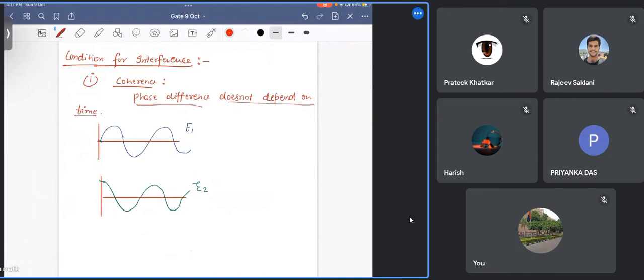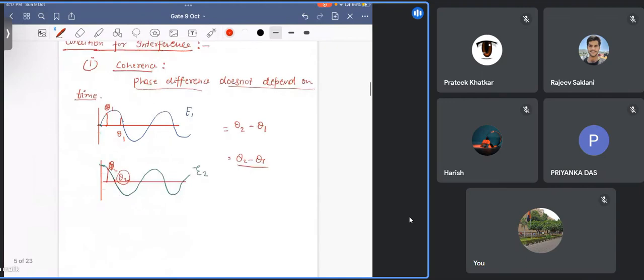For example, if this wave has a phase theta 1 at time t1 and this wave has phase theta 2, then at another time t2, this again has to have theta 1 and this has to have theta 2. It will not change to another value. So your phase difference, which is initially theta 2 minus theta 1, is again going to stay theta 2 minus theta 1 as the time changes.